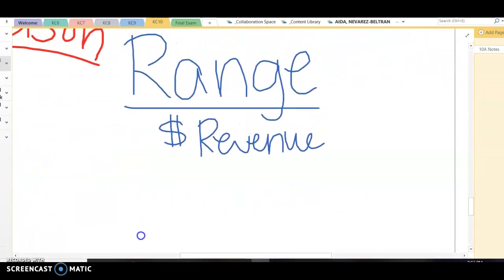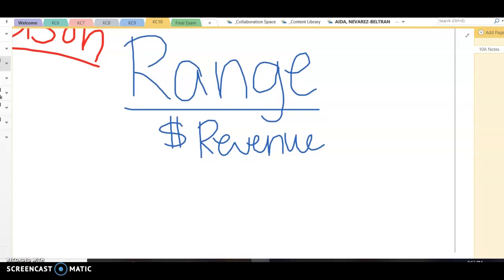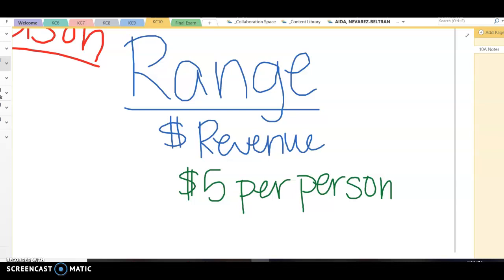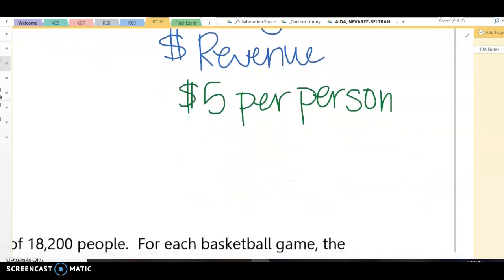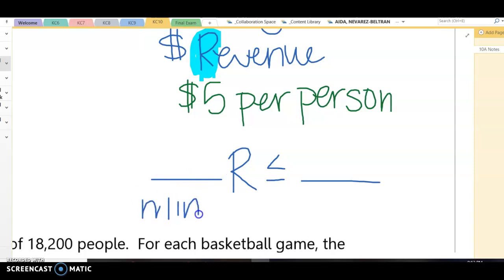So the revenue is how much money you make, and it also told us that we're making $5 per person. It told us to use the variable R for revenue, so we're looking at what the minimum revenue is and what the maximum revenue is. For the minimum, if 0 people show up, you are going to make $0.